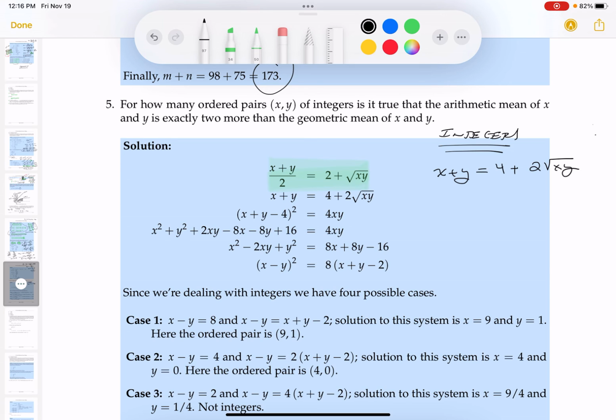Now what? Well, when I was in basic math class, I always said isolate the radical and then square both sides. Let's see if that helps out.